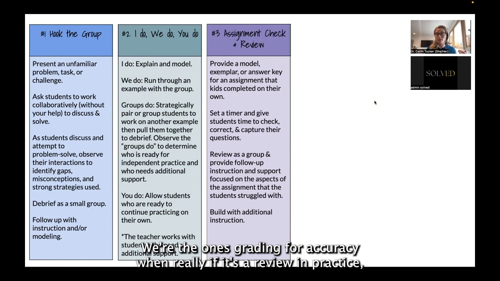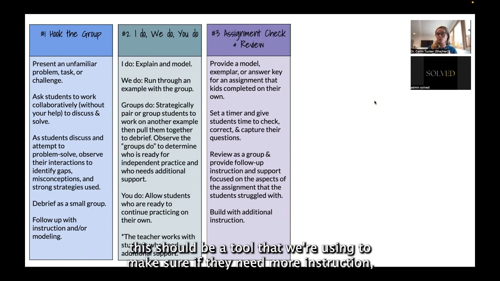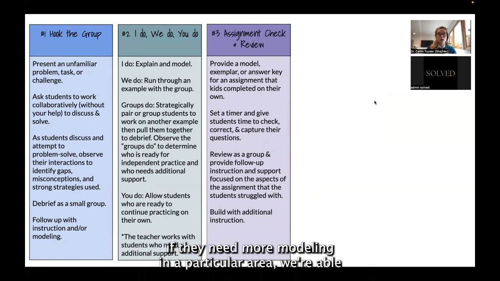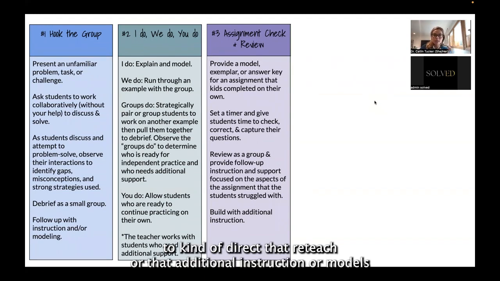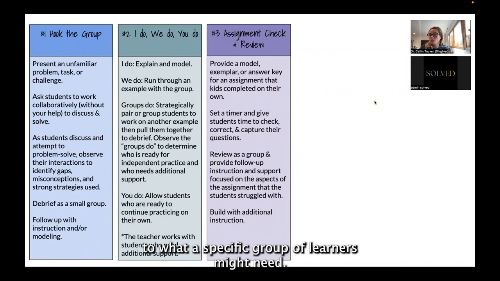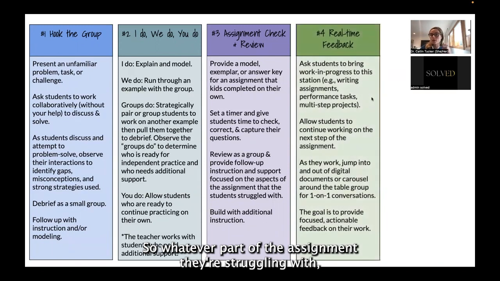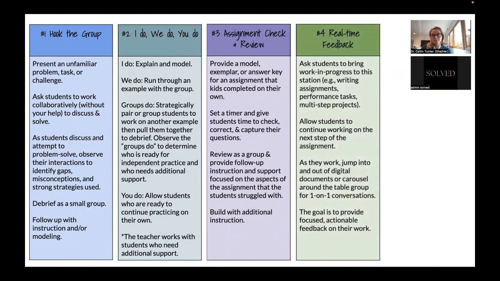We're the ones grading for accuracy, when really, if it's review and practice, this should be a tool that we're using to make sure if they need more instruction, if they need more modeling in a particular area, we're able to direct that reteach or that additional instruction or models to what a specific group of learners might need. So whatever part of the assignment they're struggling with, that's what we want to focus on.